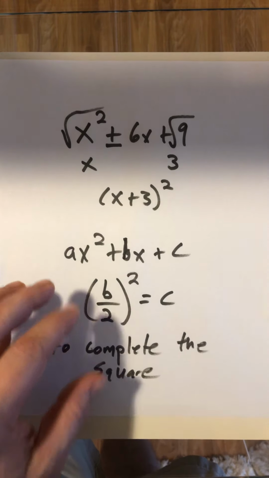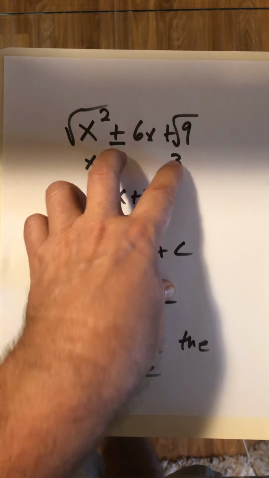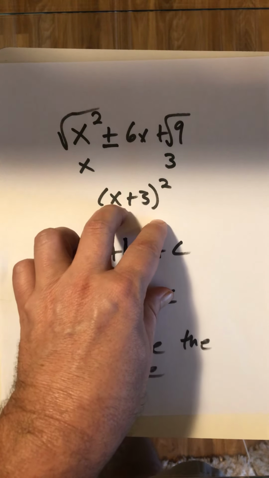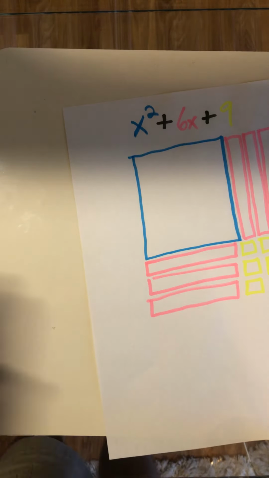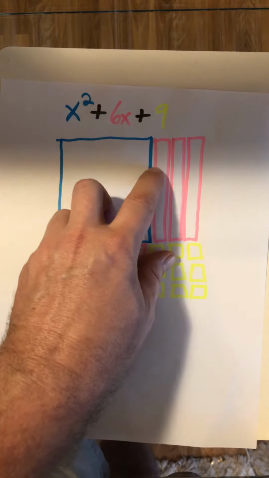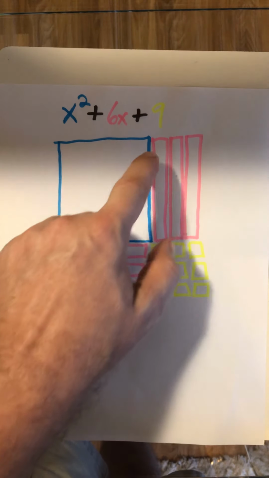And what we got was x squared plus 6x plus 9. That created this perfect square trinomial, x plus 3 squared. So we got x plus 3 times x plus 3. The 9 is what was missing a while ago.